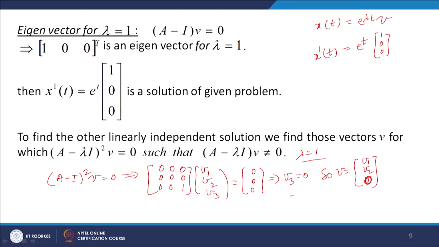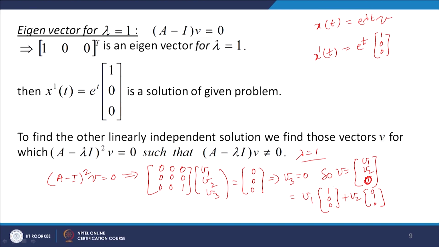Okay. Now, I can write it as b1 times (1, 0, 0) plus b2 times (0, 1, 0). So, one solution for (A minus I) whole square b can be taken as (1, 0, 0), the other can be taken as (0, 1, 0).